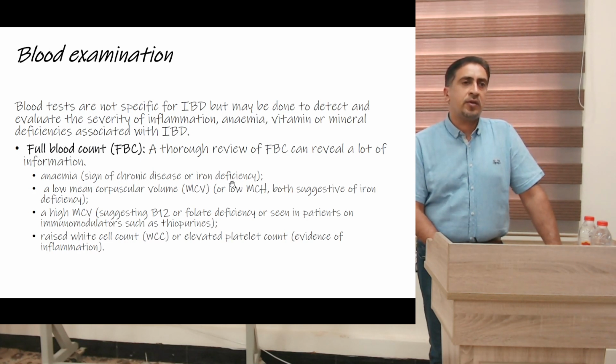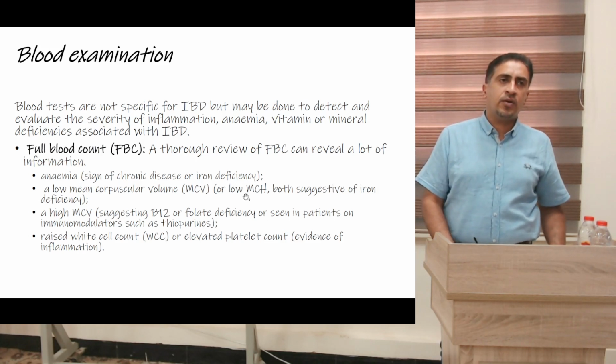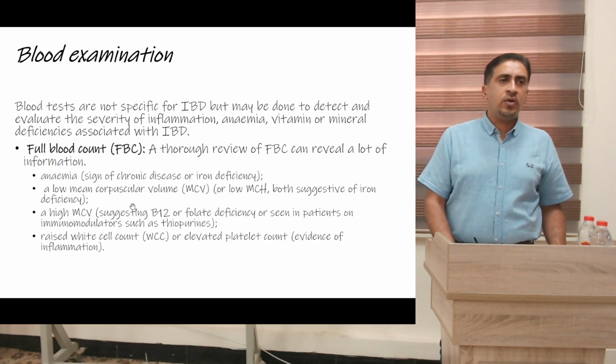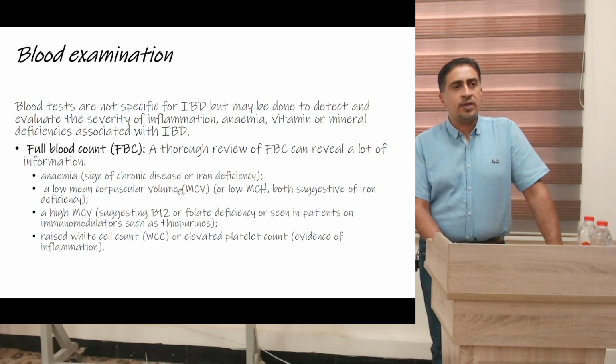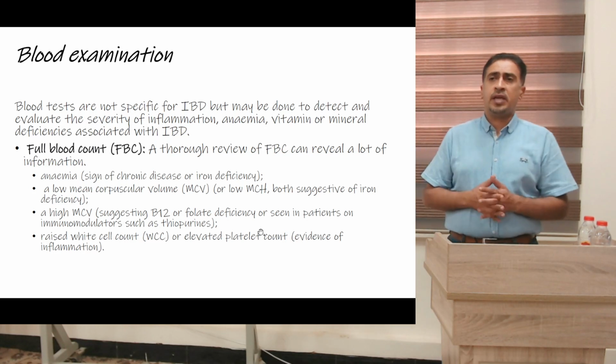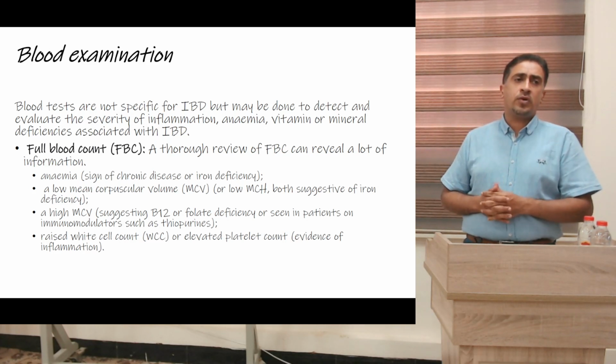And in patients with Crohn's disease with involvement of the bowel, it can lead to malabsorption. So the MCV will help you assess whether the patient has a low MCV, which means microcytic anemia, which goes with iron deficiency, or a normal MCV, which can indicate anemia of chronic disease, meaning the patient has prolonged inflammation. A high MCV might suggest B12 or folate deficiency, which can happen in patients taking immune modulators like MTX or thiopurine.